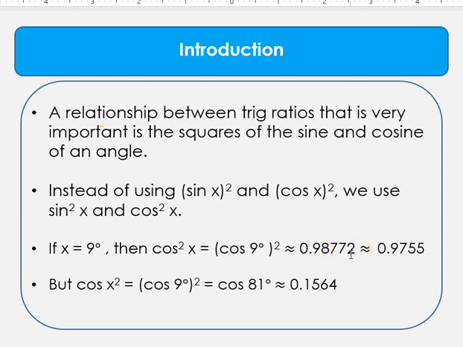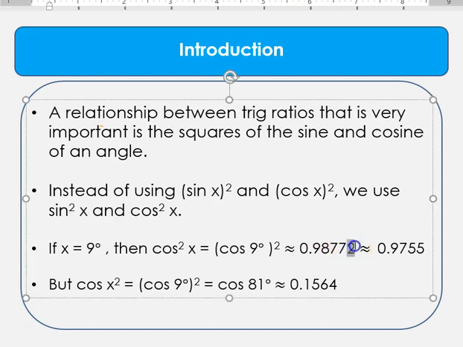Cosine 9 degrees squared equals 0.9755. Cosine 9 degrees is 0.98772, and this should say squared here, so let me fix that.